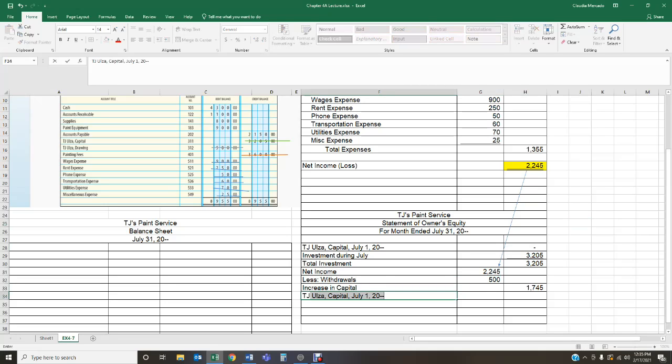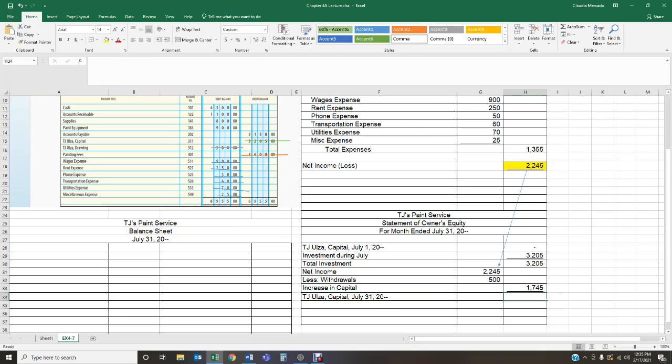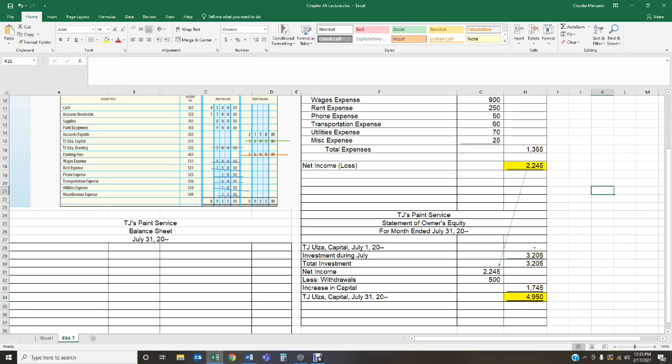And now I can calculate my capital as of the end of the month. And how are we going to do that? We're going to get our total investment plus our increase in capital of $1,745. That's going to give me my ending capital of $4,950. That is my ending capital.